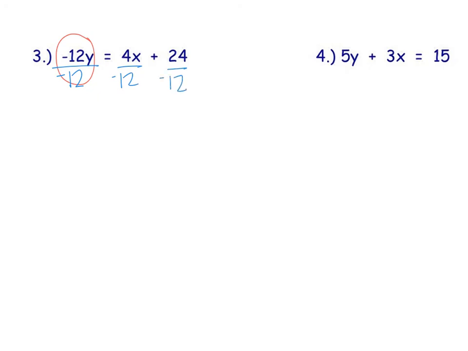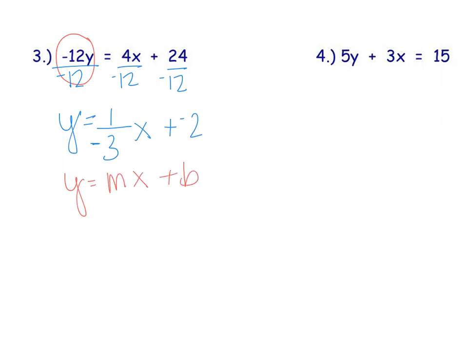Dividing by negative 12 will give me y equals, now 4 divided by negative 12 is not a whole number, that's going to be a fraction. 4/12 is a fraction, but I can reduce that fraction to 1/3 x. And notice there's a negative sign there. I'm going to go ahead and leave it written in the denominator, although if you want, you can write it in the numerator. So we have y equals negative 1/3 x plus 24 divided by negative 12 is negative 2. This equation is now in y equals mx plus b format. It's in function form, so we're finished.